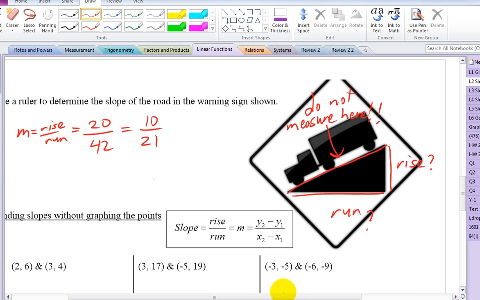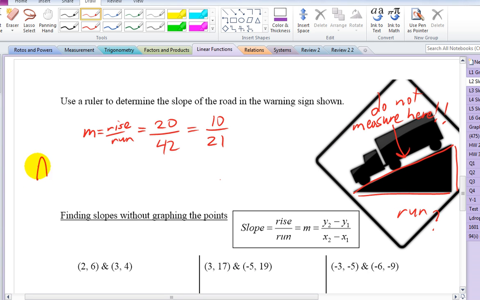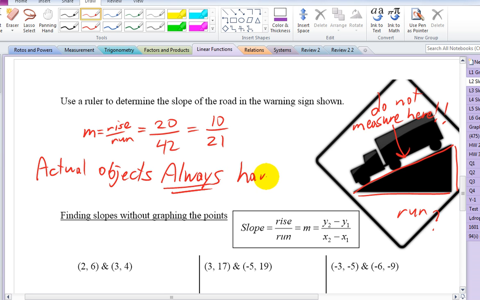Okay. One thing to note. For actual objects, they always have a positive slope. So when the plumber goes into your house, he doesn't try and find the left and the right. He just puts the pipe in your house with a slope of 3 over 4.